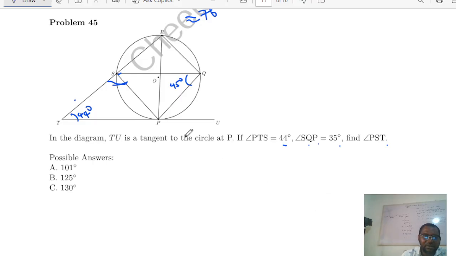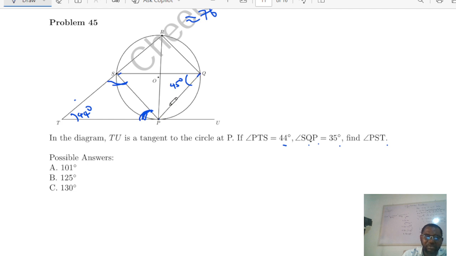Now, there is a rule that says the angle between a chord and a tangent is equal to the angle subtended by that same chord on the circumference.